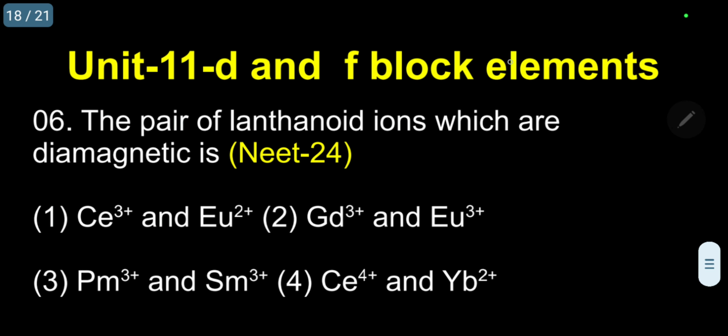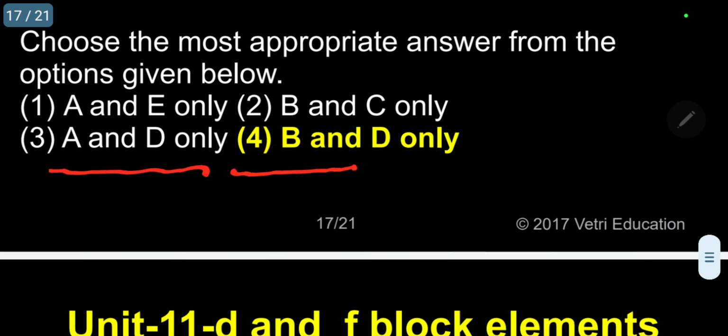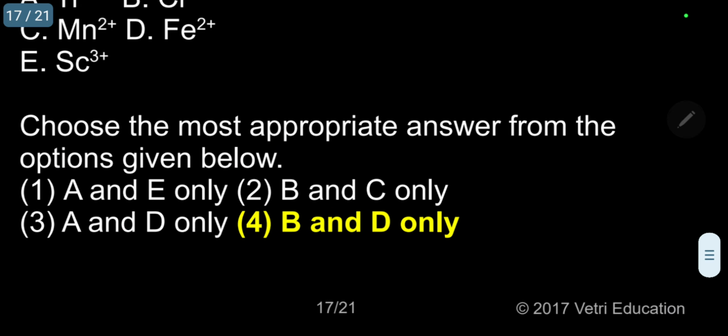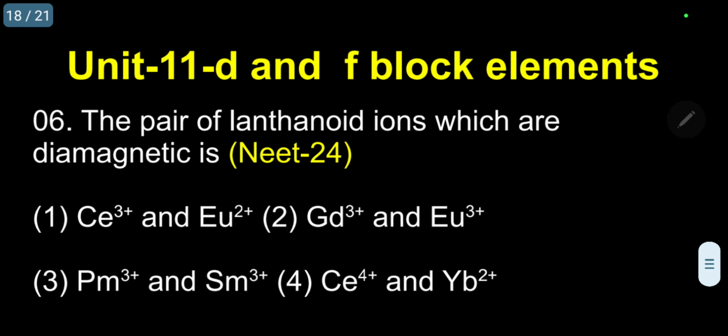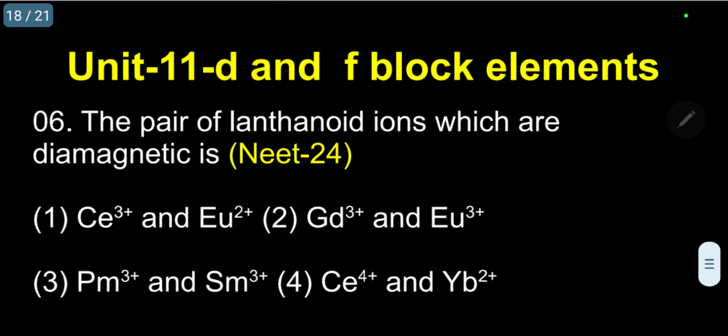Next question, number 6. This is asked under the lanthanoids, in NEET 24. The pair of lanthanoid ions which are diamagnetic is. Kindly follow. What is meant by diamagnetic? What is meant by paramagnetic?